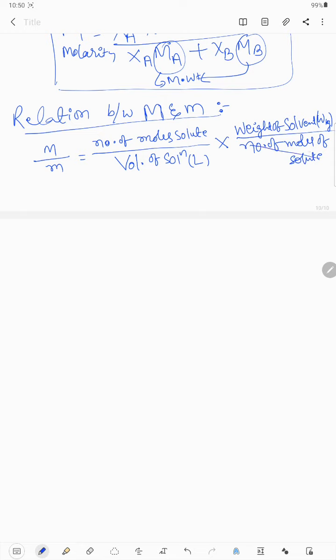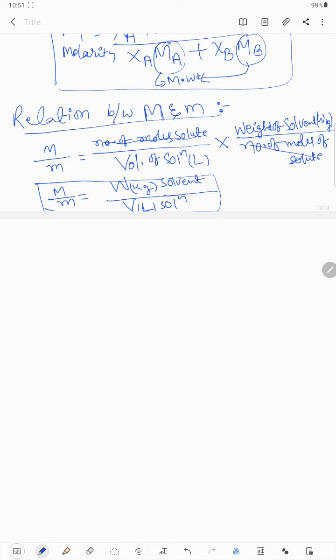Then you can cancel the number of moles, and the result is weight of solvent W in kg divided by V in liters of solution. So this is M by m.